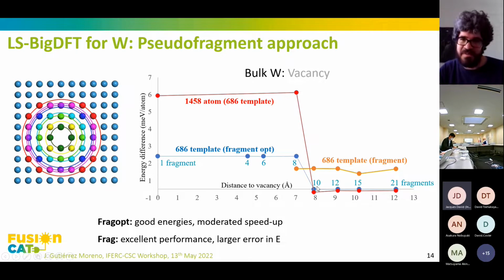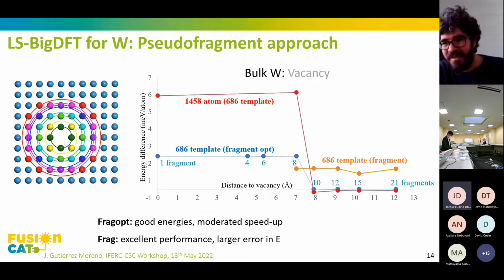And the computational cost is around half of what we would get if we wanted to do the full calculation. These errors can just give you a rough number, but they were between 0.1 and 0.2 milli-eV per atom, which is a very, very small error. And we increased the efficiency by a factor of 2.